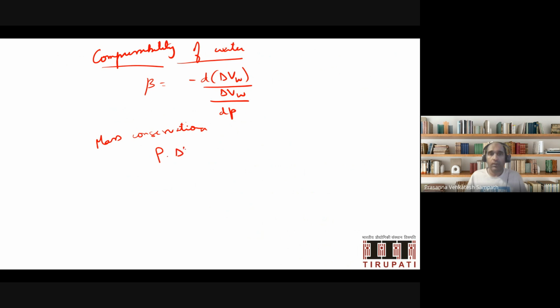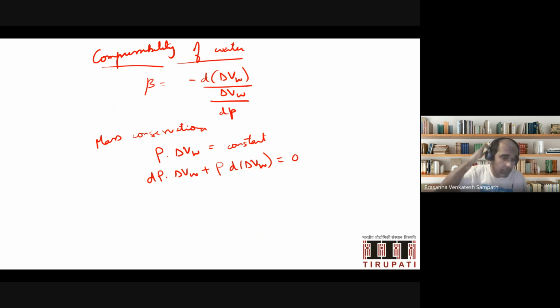Rho times delta Vw is a constant. Density times volume is a constant. If I differentiate this, I get d rho times delta Vw plus rho times d delta Vw equal to 0. On the right-hand side I have a constant, and you differentiate that, you get a 0.